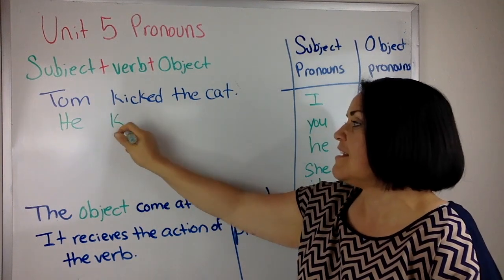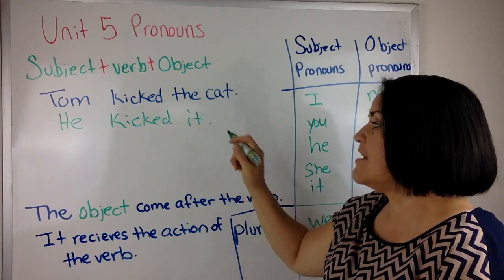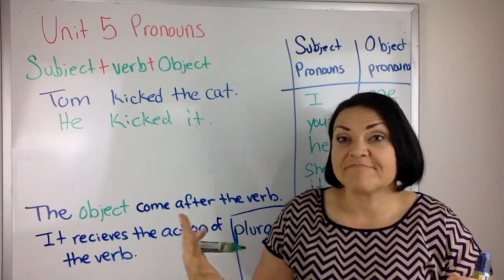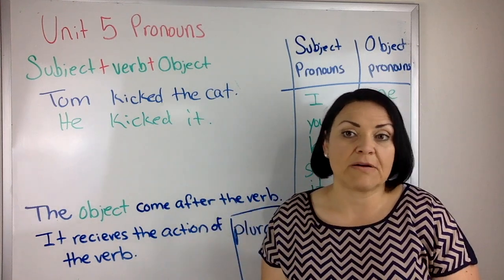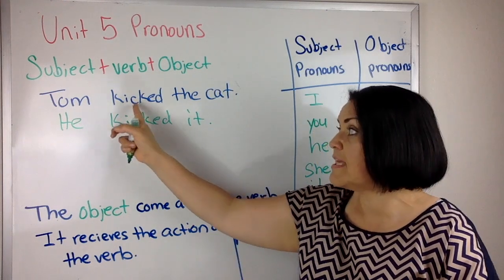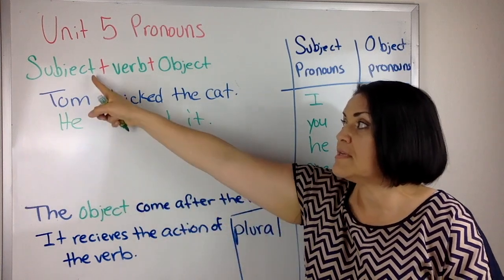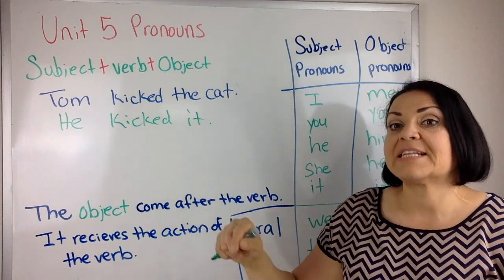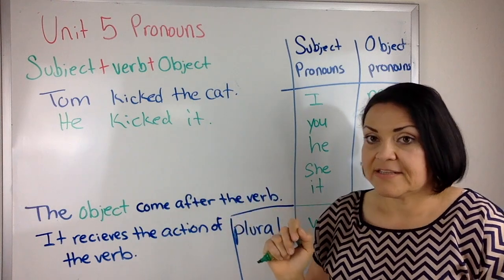He kicked it. This sentence works if we saw this or the sentence before told us about Tom and the cat. We don't have to repeat it, but Tom kicked the cat. So noun, noun. Then we got subject pronoun and then object pronoun. He kicked the cat, right? He kicked it.